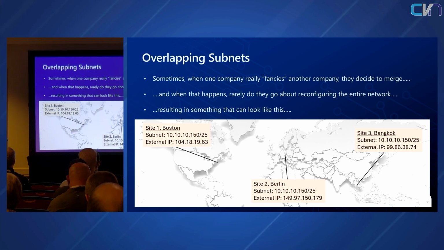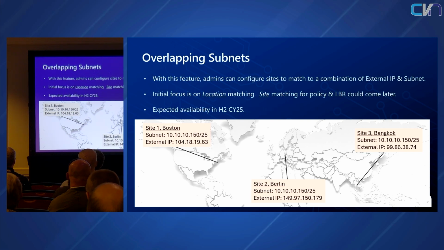You've got to today have a match between a unique piece of network information and a single location. So our work is to be able to address literally this scenario. And we're using the external IP to differentiate between sites here.